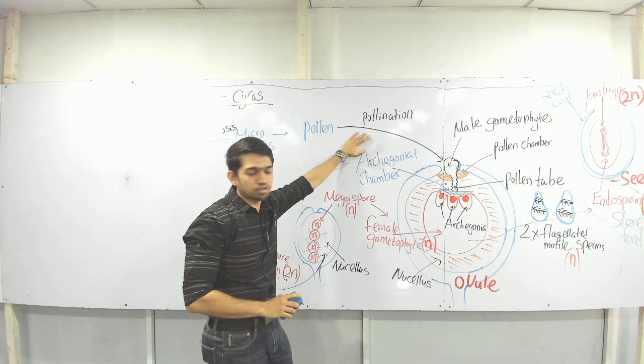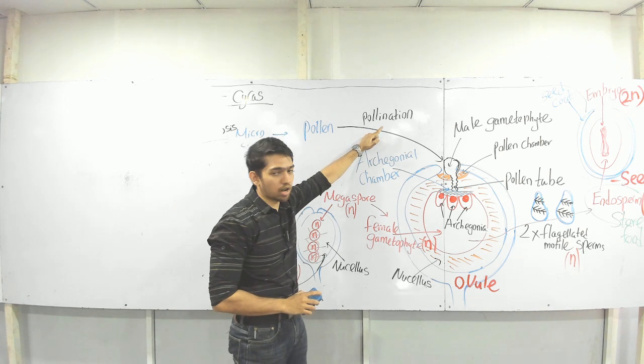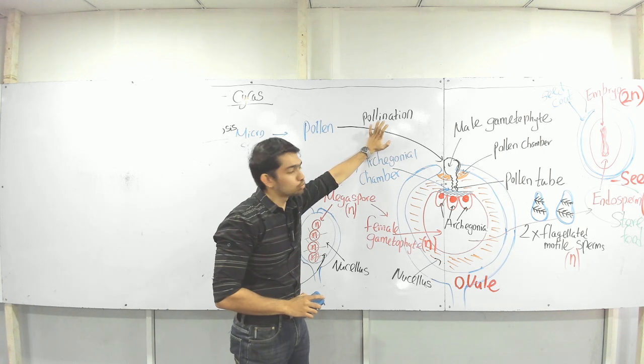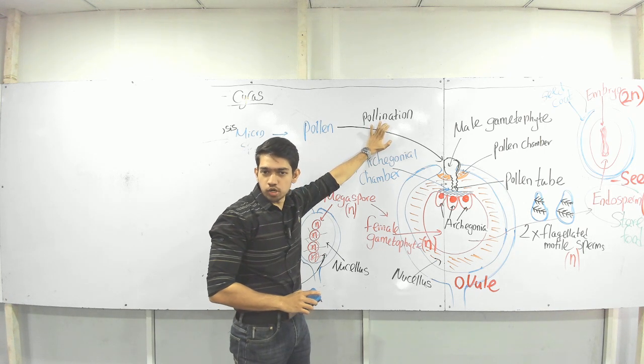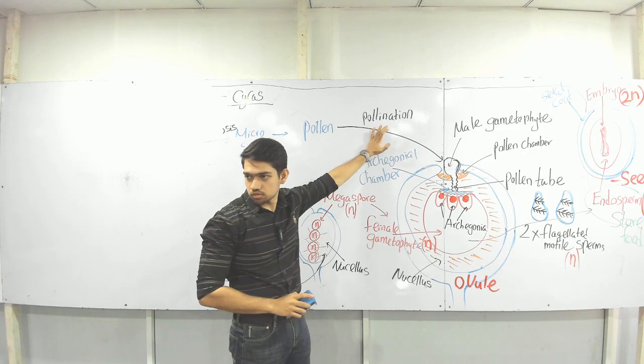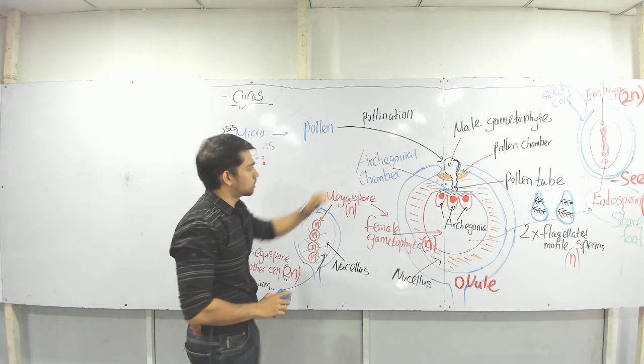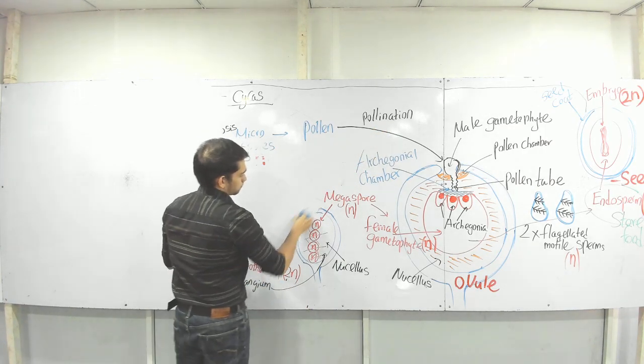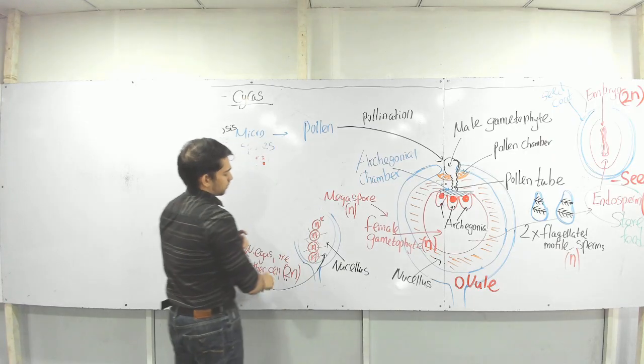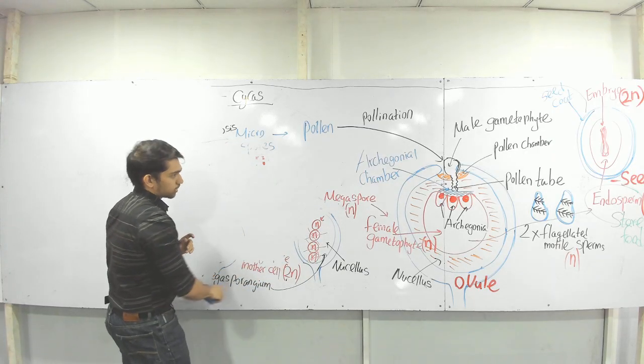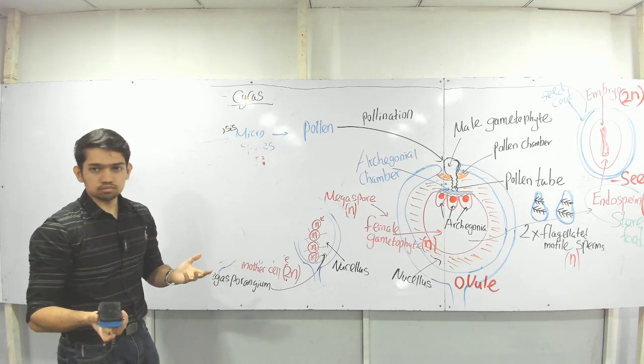It's actually an invitation for an animal, most commonly, to do pollination. So it's like this. A flower has some parts to make the flower look attractive.